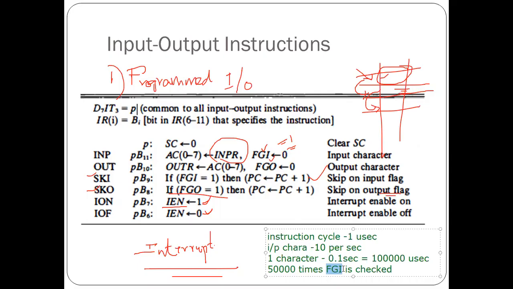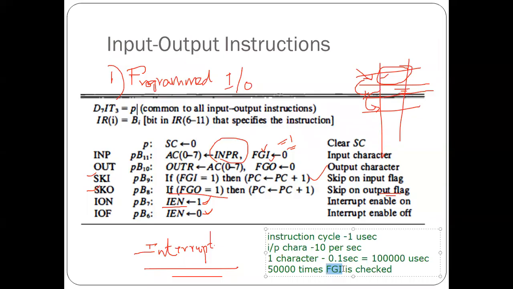Whether FGI is 1 or 0, we will poll this particular bit for 1. Your CPU is wasting its main resource, which is the execution time. CPU resource is nothing but time. Execution time is the main resource that we are wasting just by checking whether the input device is ready or not.